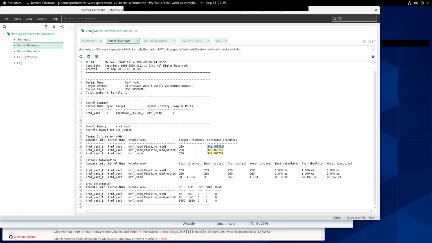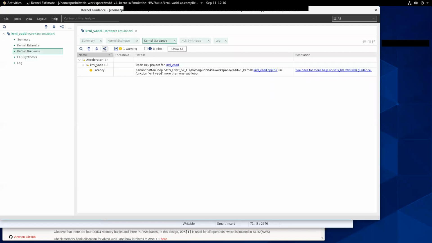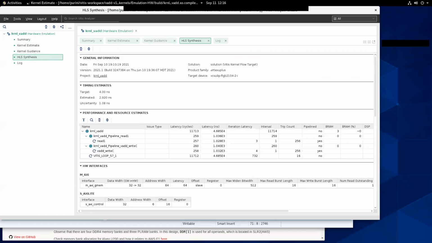Below, you can also see some information like the number of flip-flops and LUTs used by different sections of the code in the kernel. We will skip this and revisit it later.